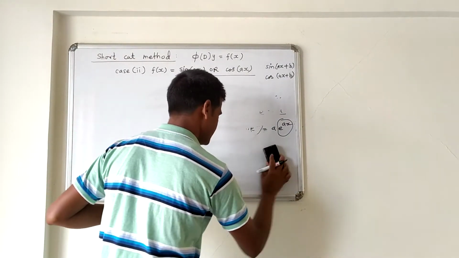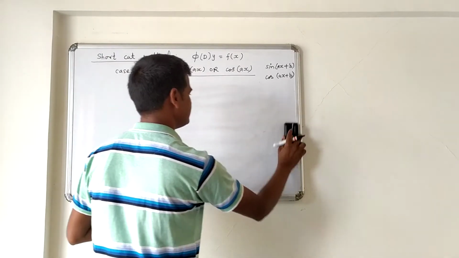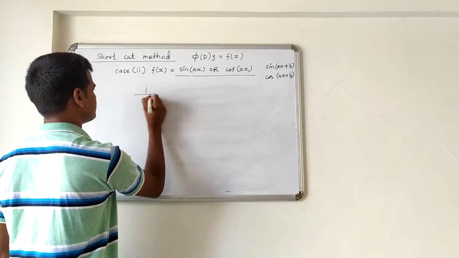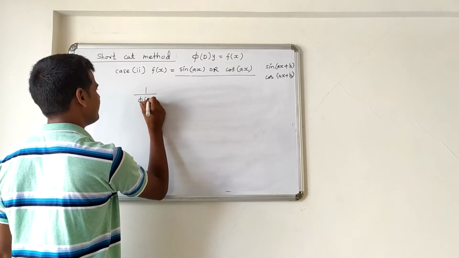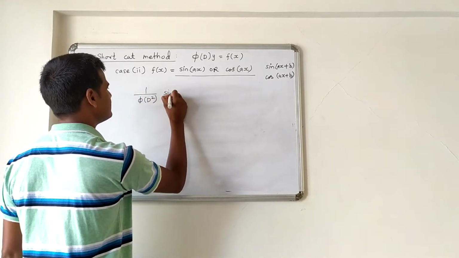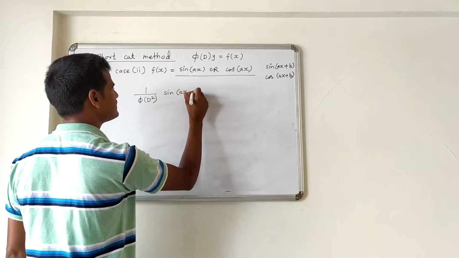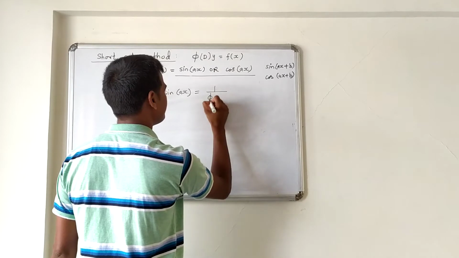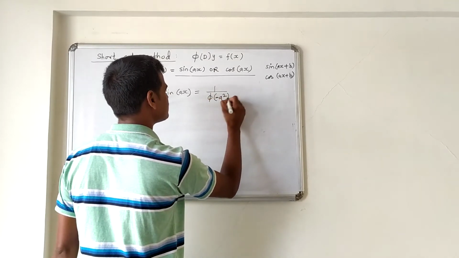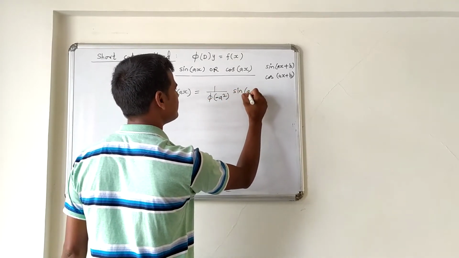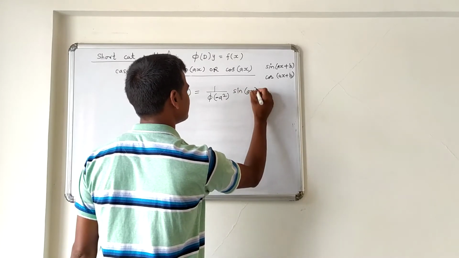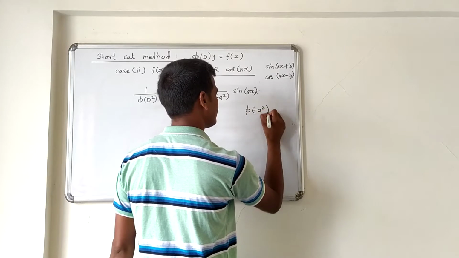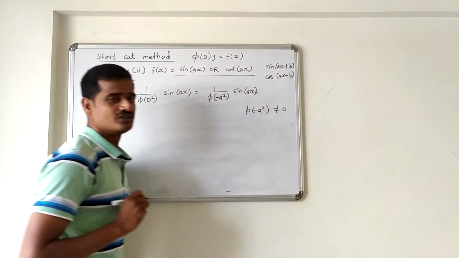Now I write this in terms of result. This is the explanation behind why we replace D square by minus a square. So I will write here 1 upon phi of D square sine of ax is equal to 1 upon phi of minus a square sine of ax, where phi of minus a square is non-zero.